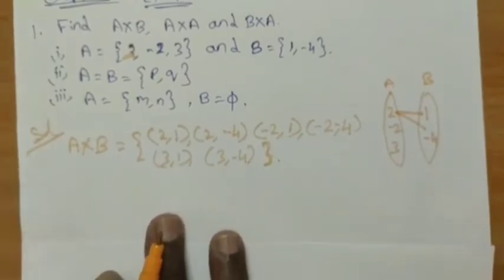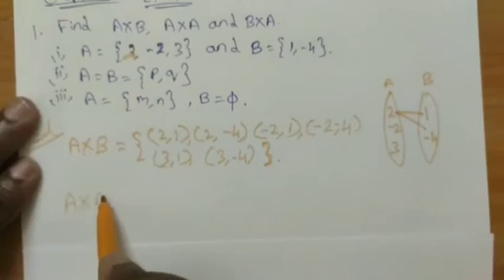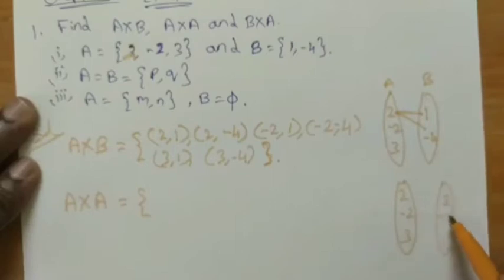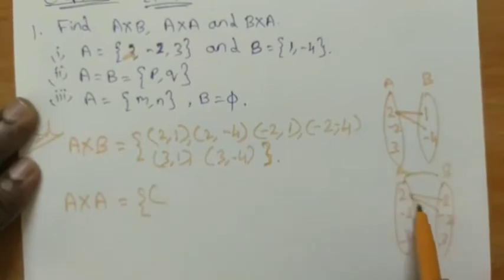Next we have to find out what A into A is. The Cartesian product of set A with A. Both sets are A. Here I write the set A: 2, -2, 3. Here also the set A: 2, -2, 3. The first element is mapped, right?